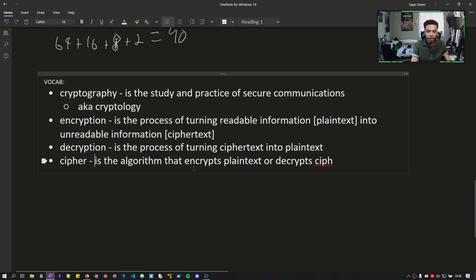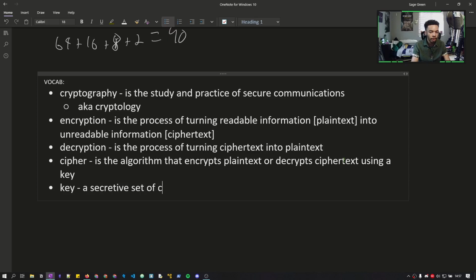So a cipher is the algorithm that encrypts plain text or decrypts ciphertext using a key. And you're like, all right, Chris, what is a key? So a key is a secretive set of characters used for the ciphering process, okay?